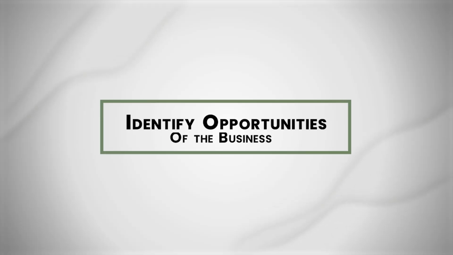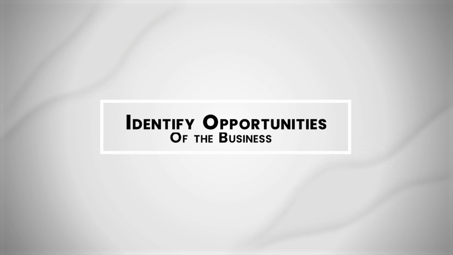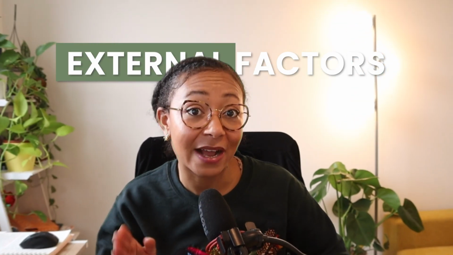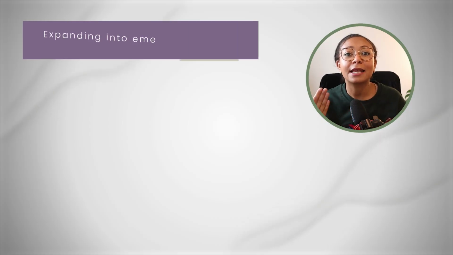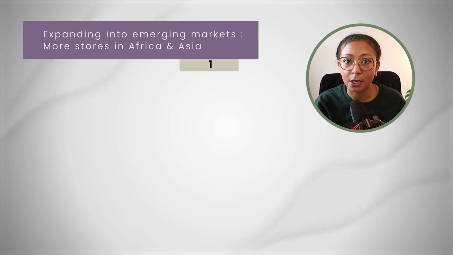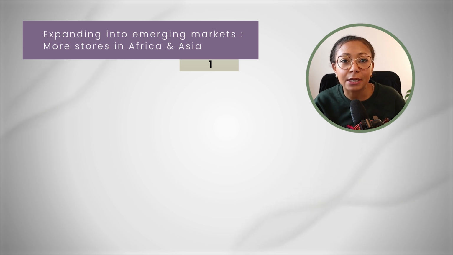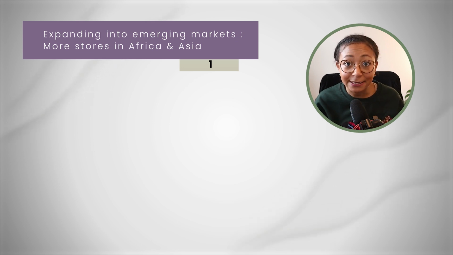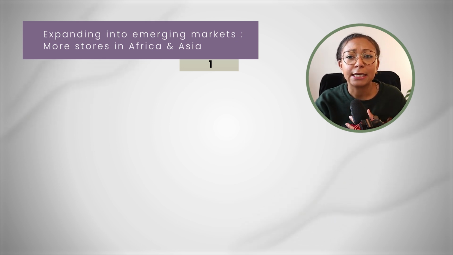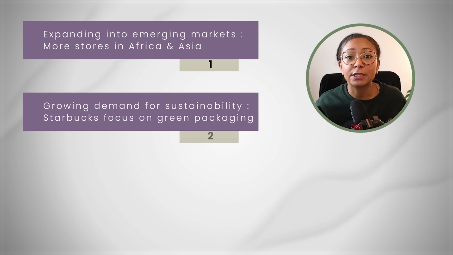But anyway, going on to step three, which is identifying the opportunities. Opportunities come from external factors, things happening in the market that the business can take advantage of, such as expanding into emerging markets. By creating more stores in Africa, in Asia, they're expanding. Another one is the growing demand for sustainable products.